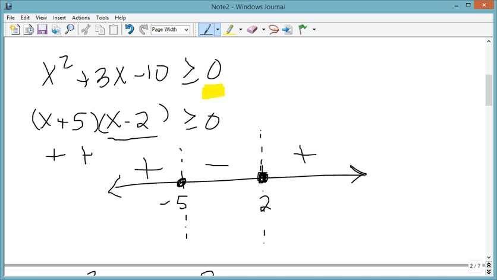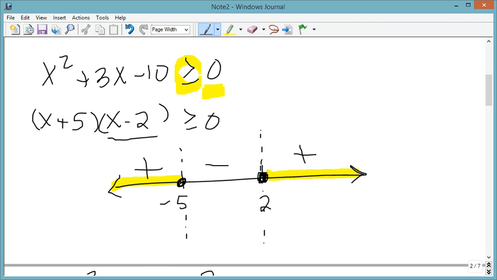Alright, so now I come back here and look at my original problem, and you notice that it's greater than 0, so that means I want positives. So I want to include this interval, and I want to include this interval in my answer.